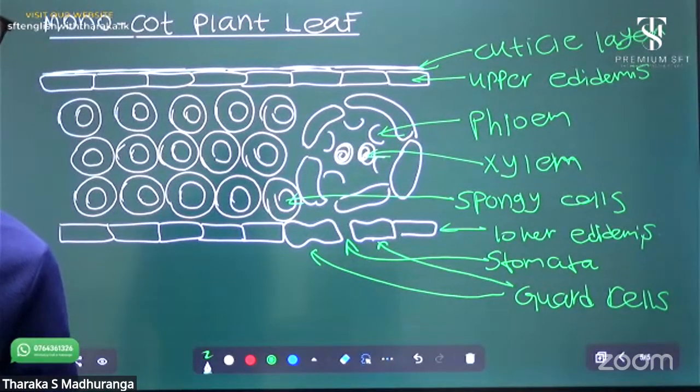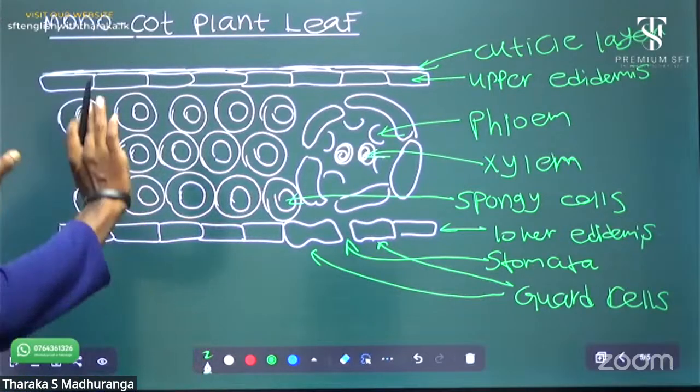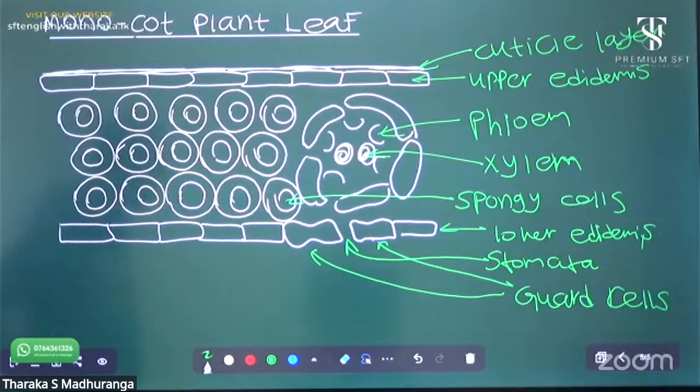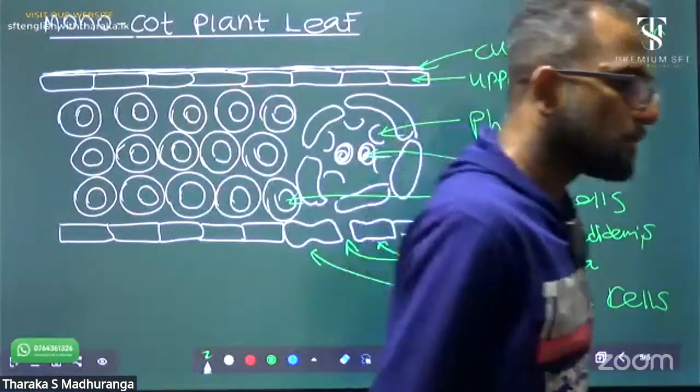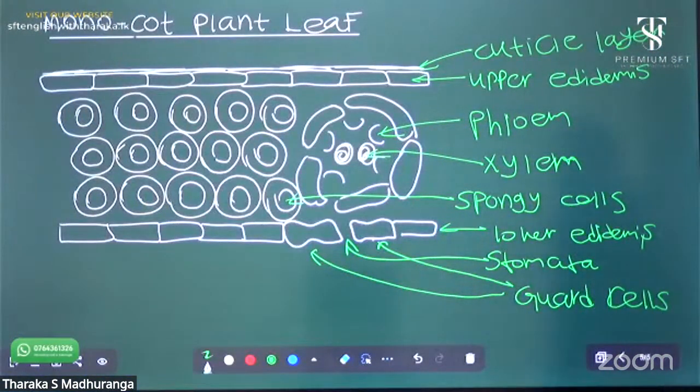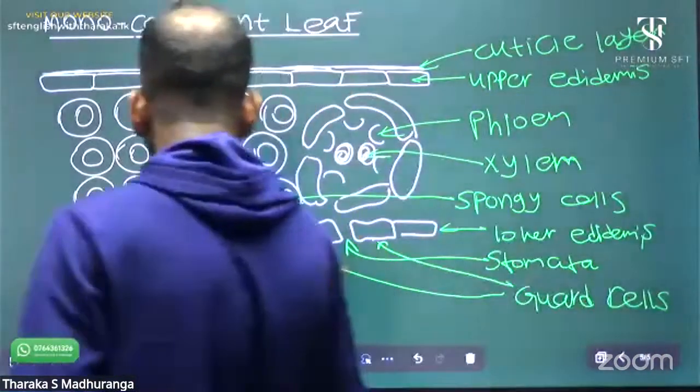Okay, clearly draw them. If you want, take a screenshot and clearly draw it on an A4 sheet and keep it with you. Then it is easy to remember these parts and differences. Guard cell means dumbbell shape, like this.